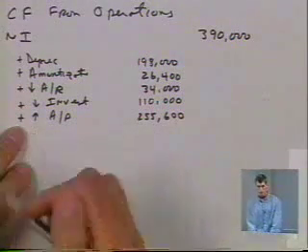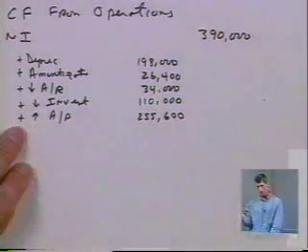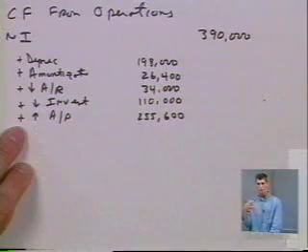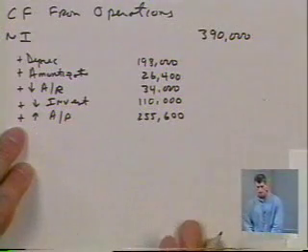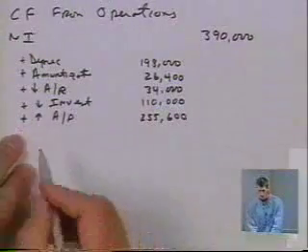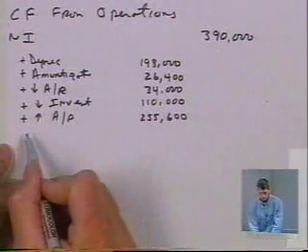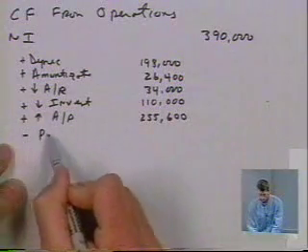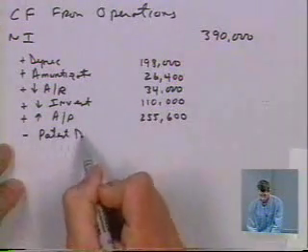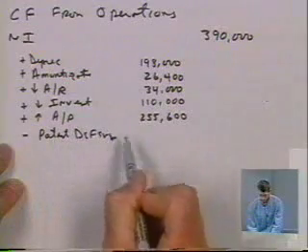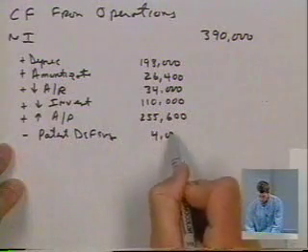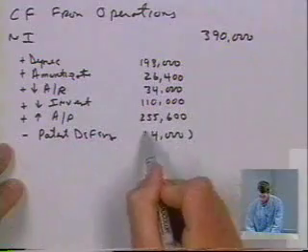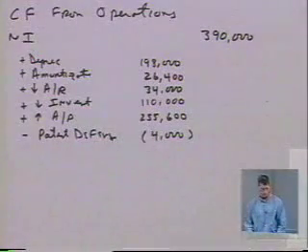Although theoretically we could include that in our investing section, but I'm going to do it so it's consistent with the answers that you will have in the problem sets. So we are going to subtract out an amount for patent defense, and that was $4,000. So that's a cash outflow.